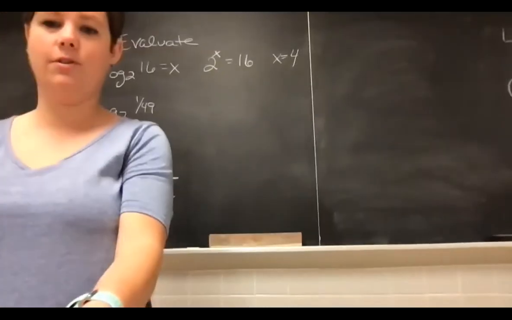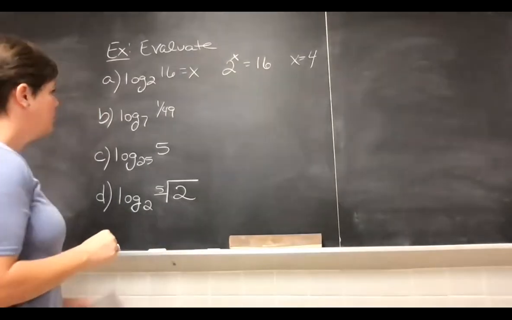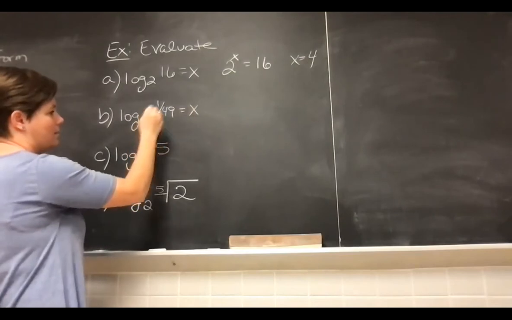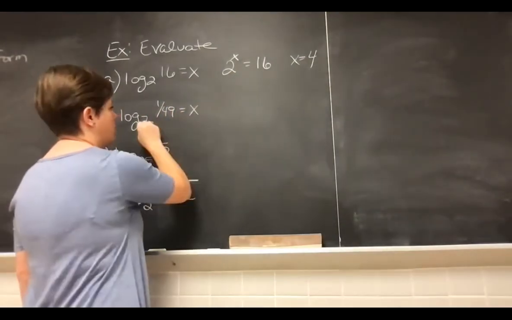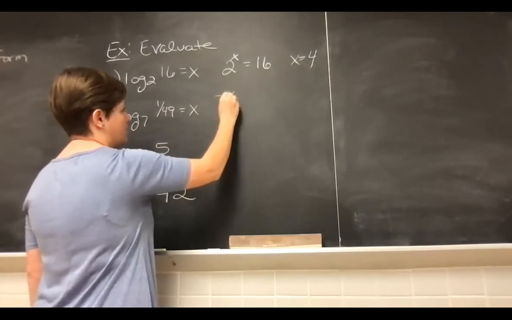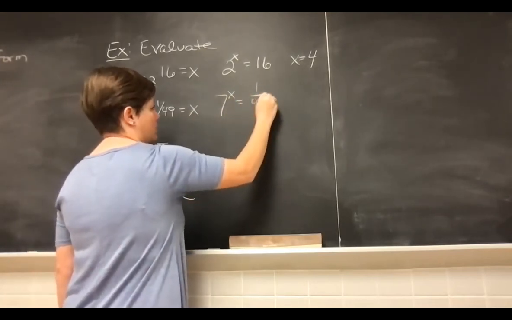Sorry, I'm totally off the screen for most of this. Okay, we'll do the same thing here. We're going to set that equal to x. That way we can take the base, raise it to the exponent, and then figure out what our x is. So our base is 7, our base becomes the base, answer becomes the exponent, and then what's left over is our new answer.